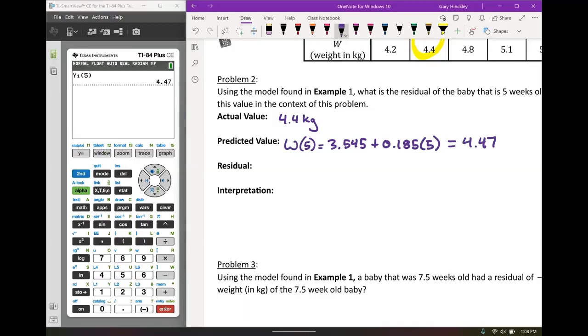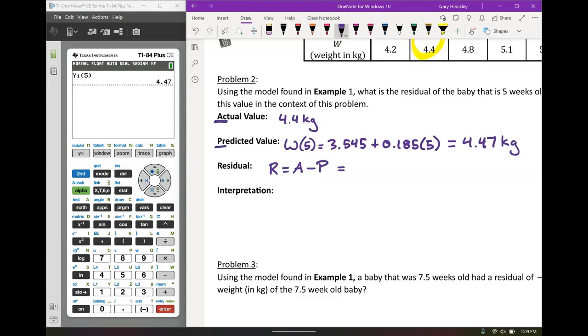All right. So residual. How would we calculate the residual? We have an actual value of 4.4 and a predicted value of 4.47. Remember, we had a residual formula, R-A-P: the actual value minus the predicted. So I'm going to take my actual value minus my predicted value.